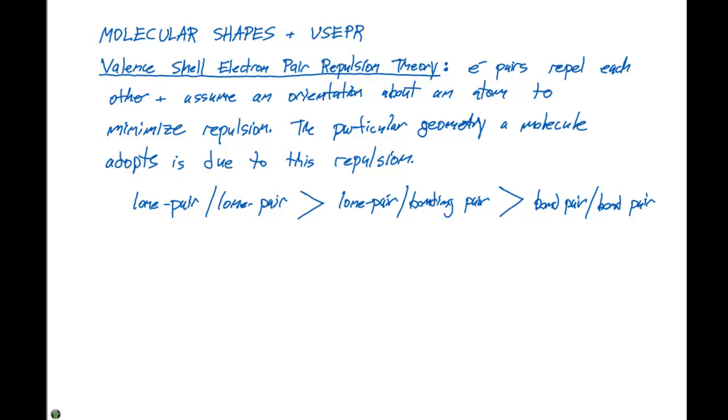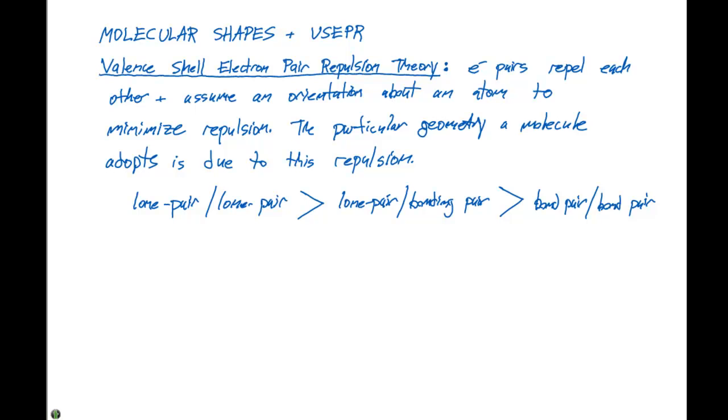So when we look at VSEPR shapes and molecular geometries, the electron pairs are going to dictate how the molecule's formed, and it's also going to dictate how the ligands orientate themselves in 3 dimensions.